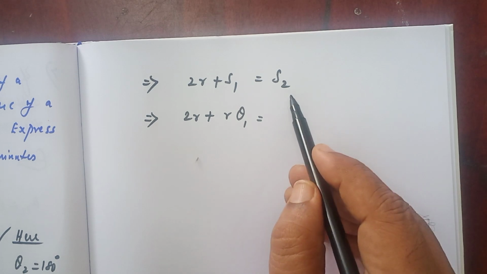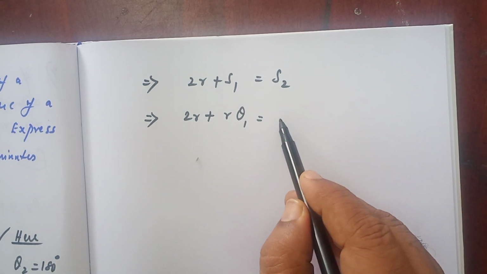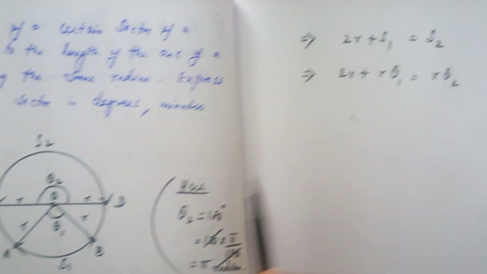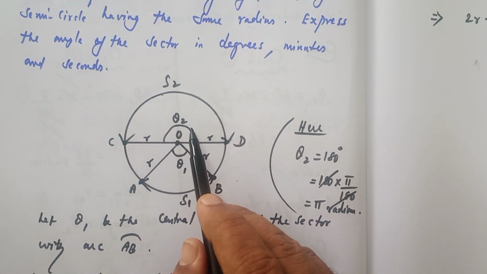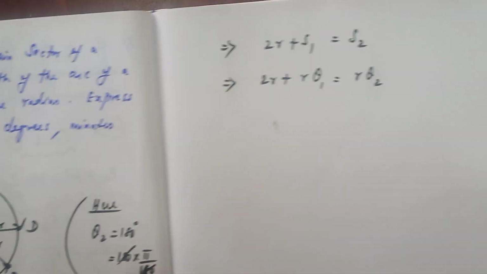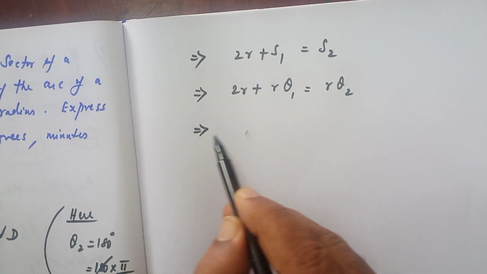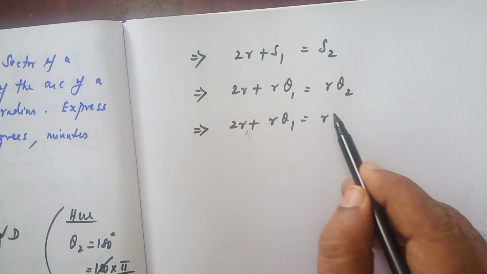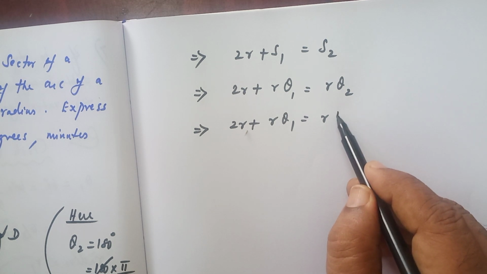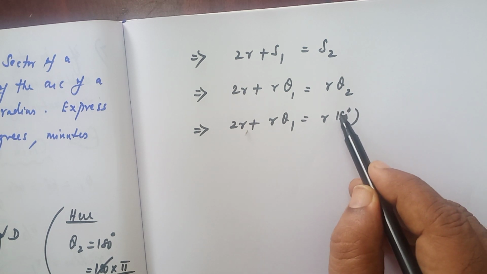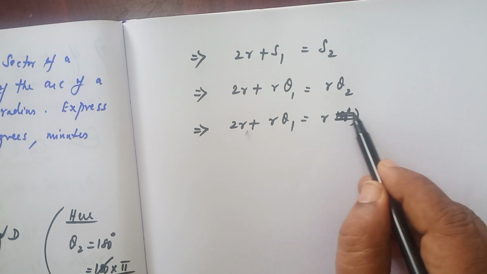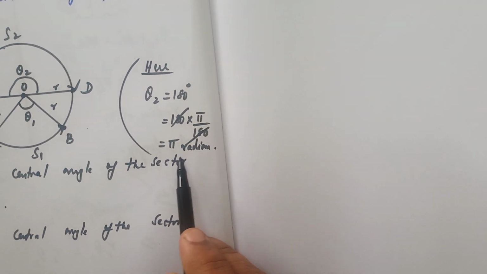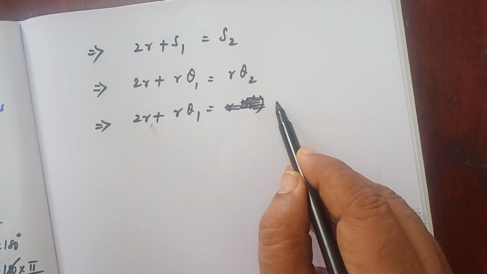For S2, the radius is the same, and instead of theta I put theta 2. Which implies 2r plus r theta 1 is equal to r into theta 2, which is 180 degrees. We have changed 180 degrees into pi radians, so r into pi.